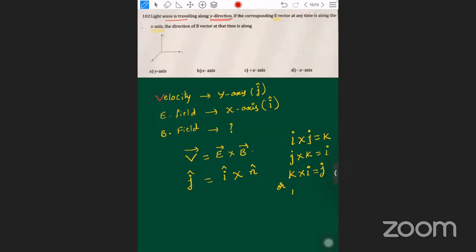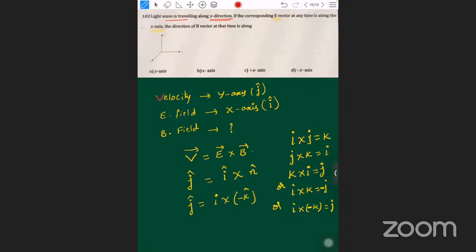So here j means k cross i. Or I can take i cross k as minus j. Or I will write i cross minus k is j. Instead of writing minus here, I am writing that minus inside the bracket for k. So I cross minus k is j. So what we can write? j cap is equal to i cross, in the place of n cap, I can write minus k cap.